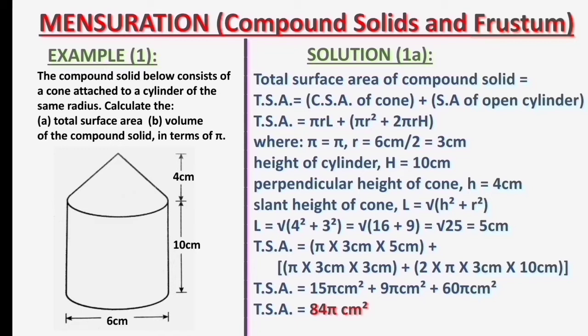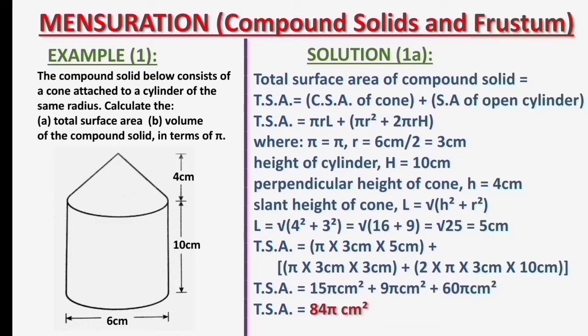But the slant height of the cone is unknown, and we need the slant height to calculate the total surface area of the compound solid. So using Pythagoras' rule, the slant height of the cone, L, equals the square root of h squared plus r squared. h here is the height of the cone.